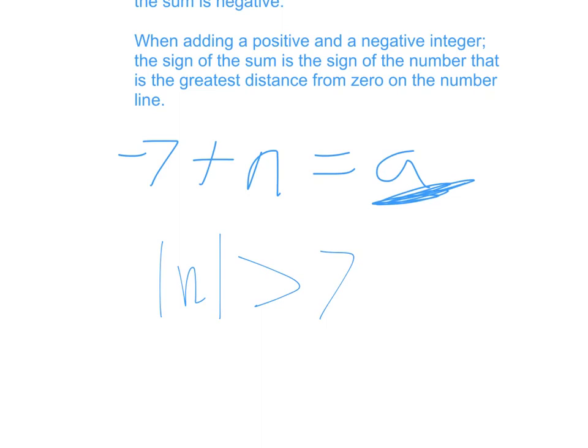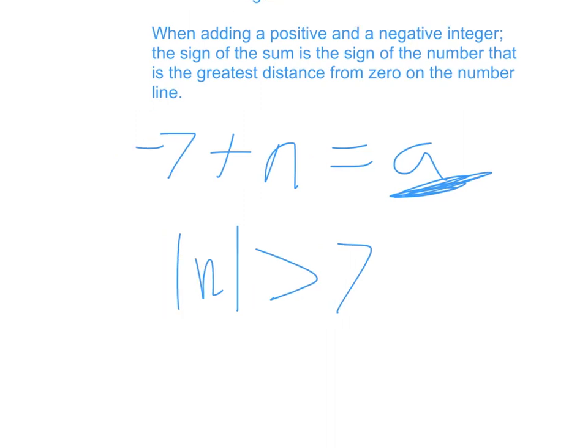But if n is positive and the absolute value of n equals 7, then a will end up being 0. If I told you that n was positive and the absolute value of n was less than 7, that would mean that a would end up being negative. So I just wanted to quickly go over a couple of rules there. And now you should know how to add integers.